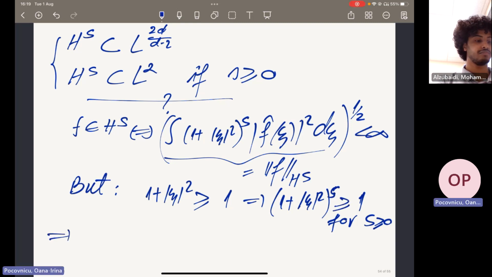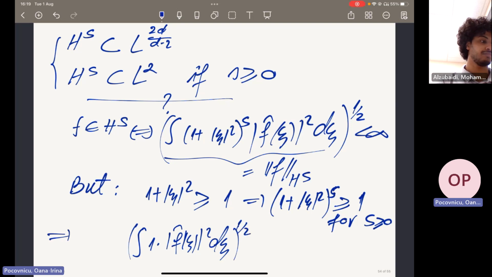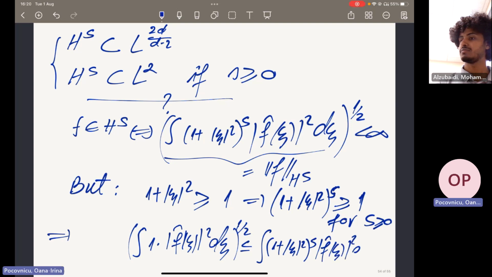So what does this mean? It means the following. The integral of 1 times |f hat of xi| squared d xi, to the power 1/2, is less than the integral of (1 plus xi squared) to the power s times |f hat of xi| squared d xi, to the power 1/2, which was the H^s norm of f, and which is finite.